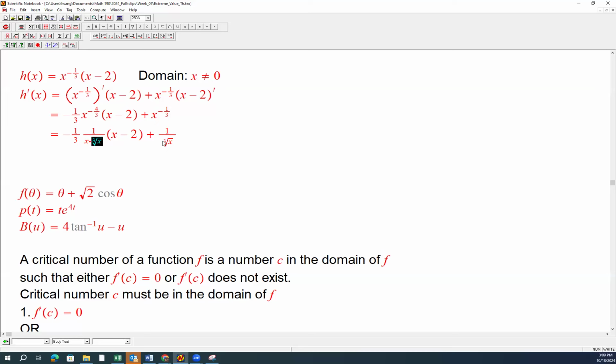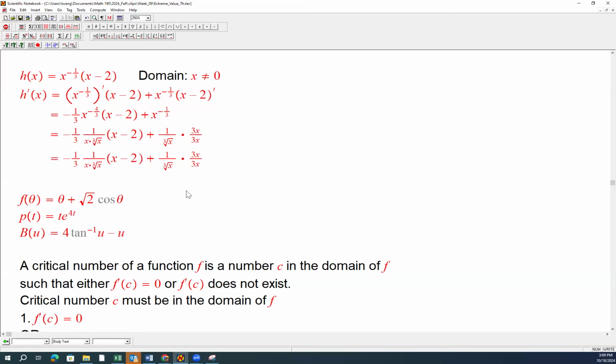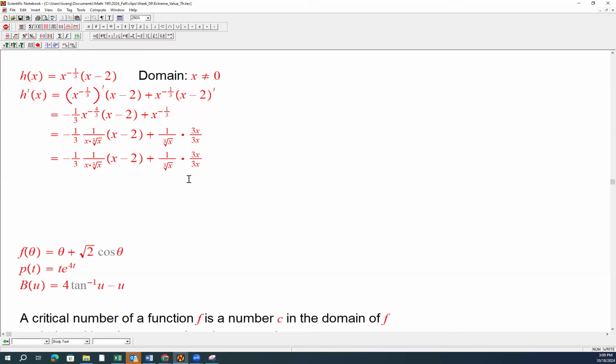To find a common denominator, we just need 3x for this piece. There's a negative 1 here, so we multiply by 3x over 3x there. Now we've got a common denominator. Whichever form makes you feel more comfortable, really. I'm just going to show you one way. You figure out some other ways, and we can all be right.